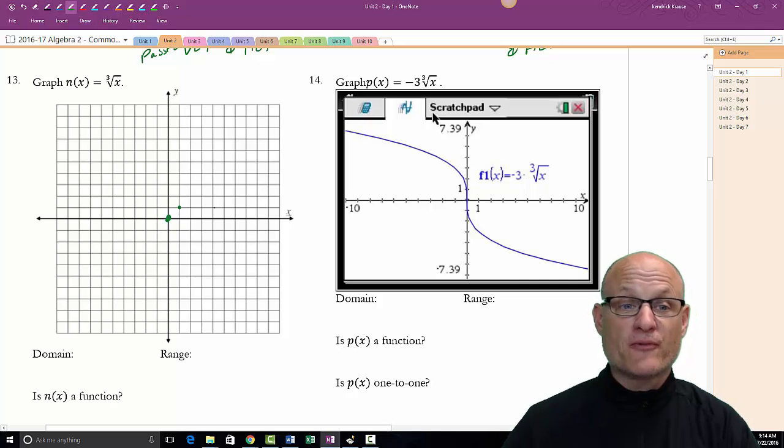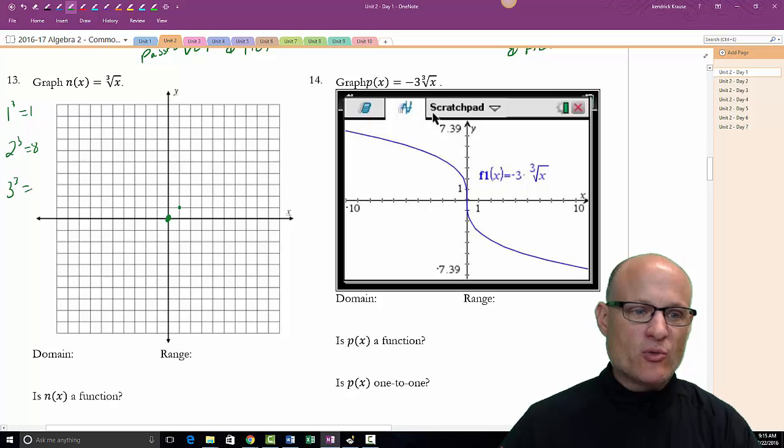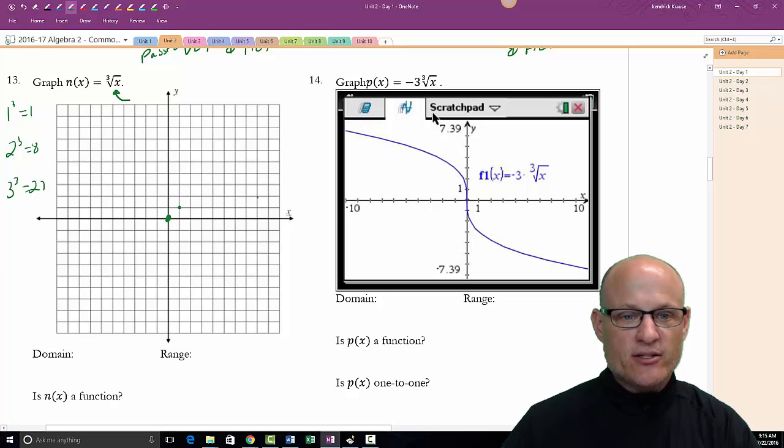One of those is a perfect cube. So 1 cubed is 1, 2 cubed is 8, and 3 cubed is 27, but that would be off our graph. So if I put an 8 in here, the cube root of 8 is 2. So you might think, oh, there we go. There's our graph. And the next one would be up at 27. That would be 3. There's our graph right there.